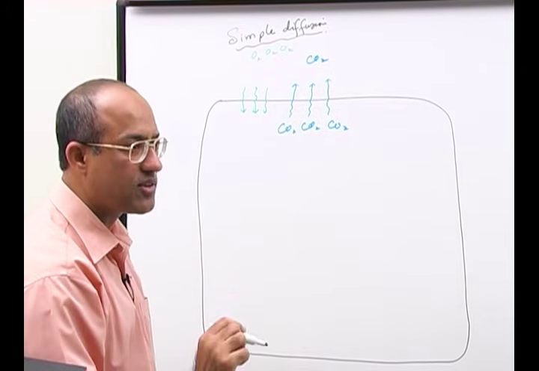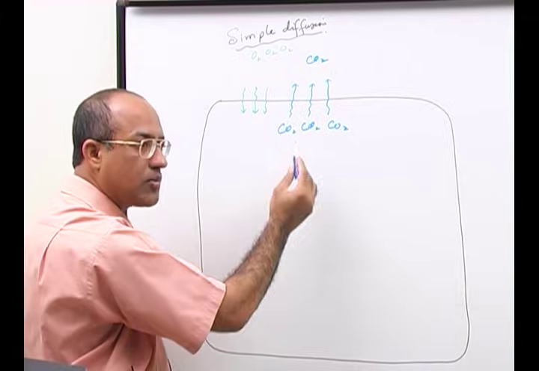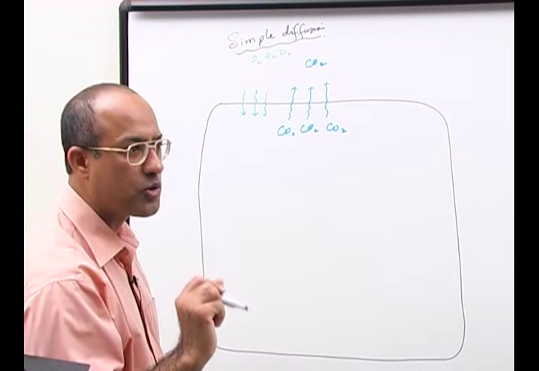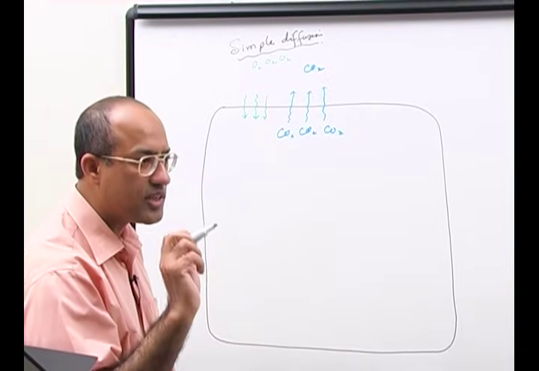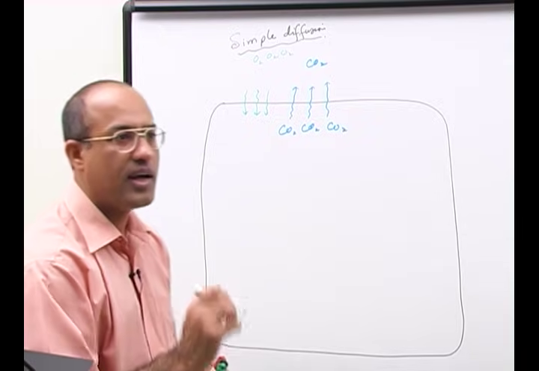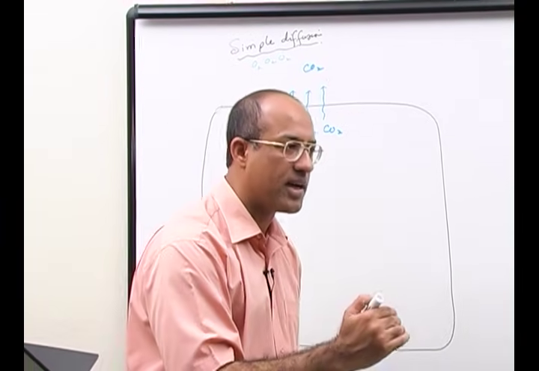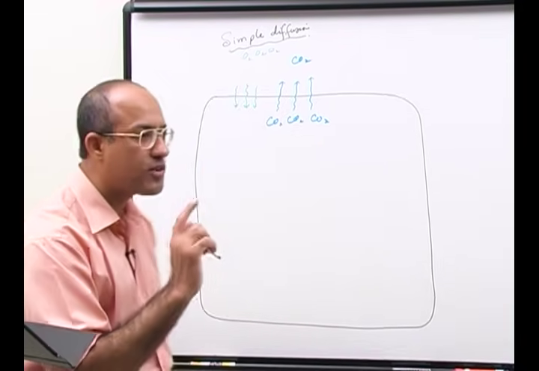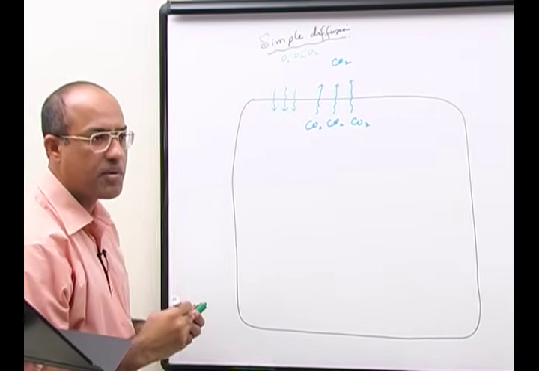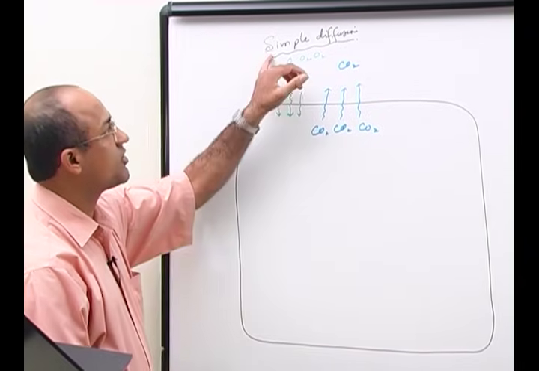So substances like oxygen or carbon dioxide or other lipid soluble molecules or very small molecules which can easily dissolve into the cell membrane can move across the membrane by simple diffusion. Is that right? This is the simplest transport mechanism across the membrane, which is called simple diffusion.